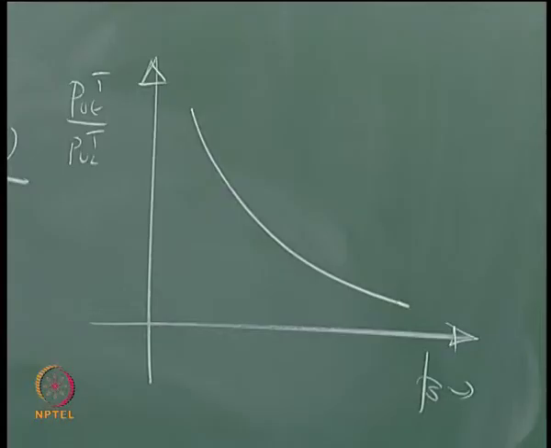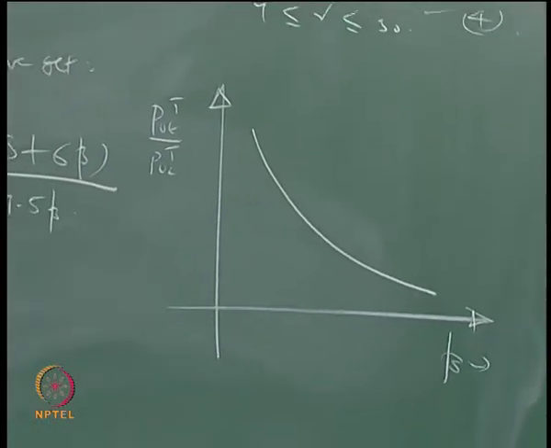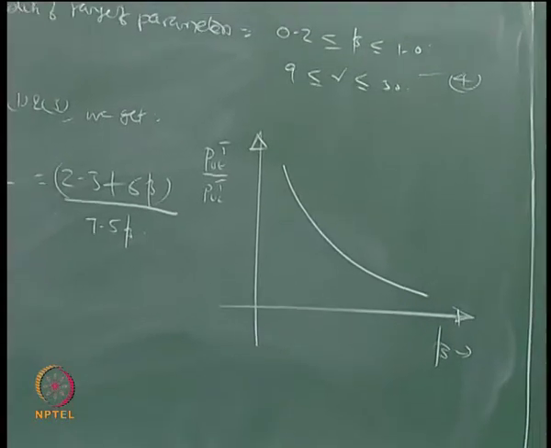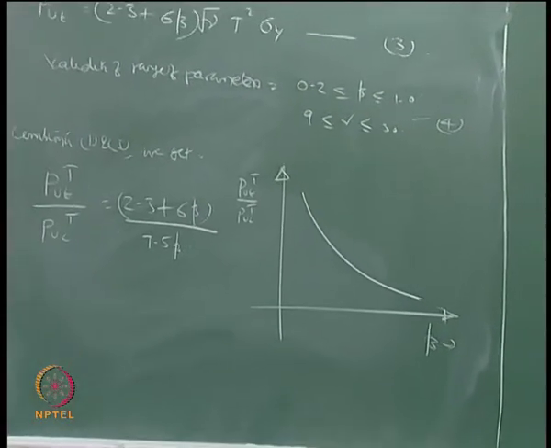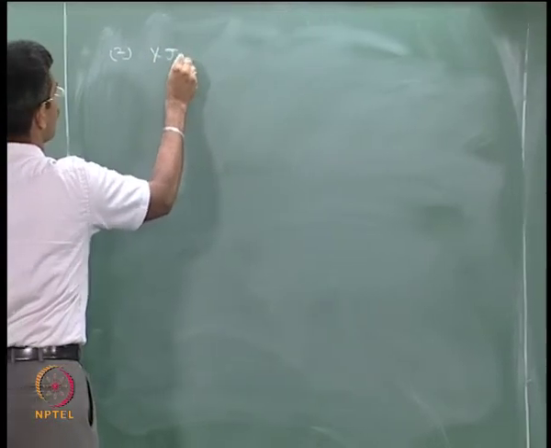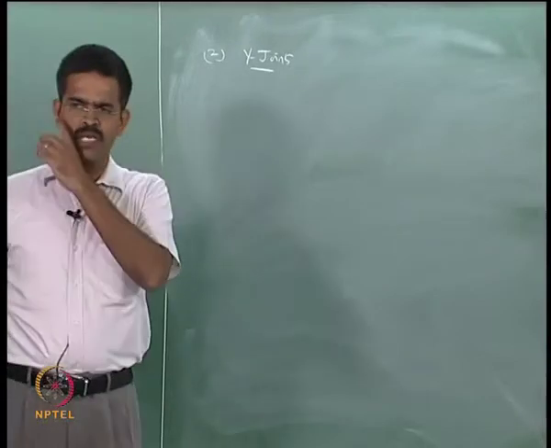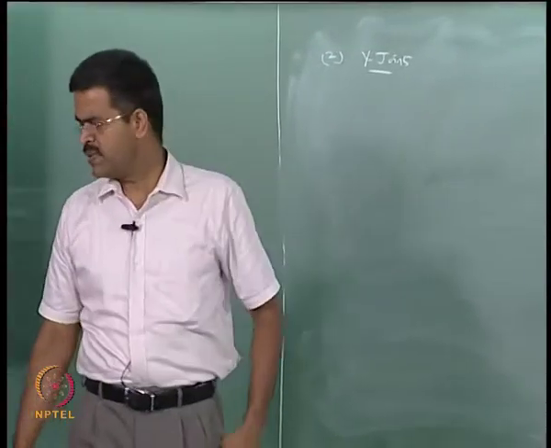Let us talk about ultimate strength capacity of Y joints. Y joints can also be again in tension and compression depending upon what is the load applied on the brace.